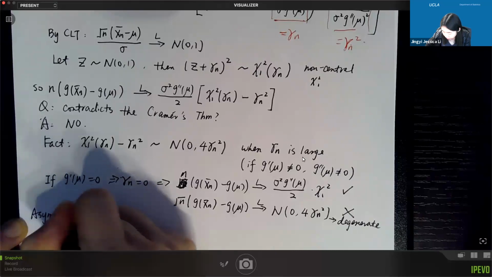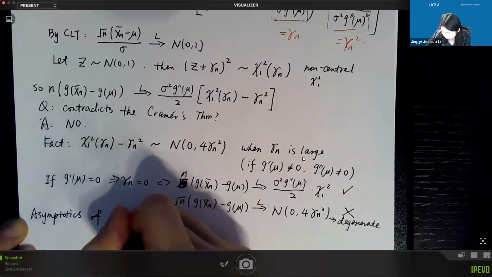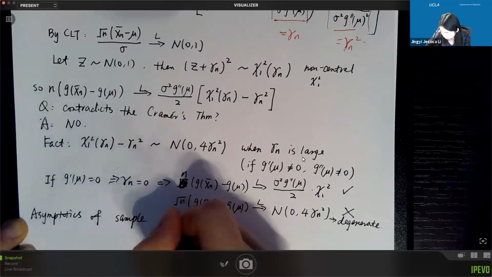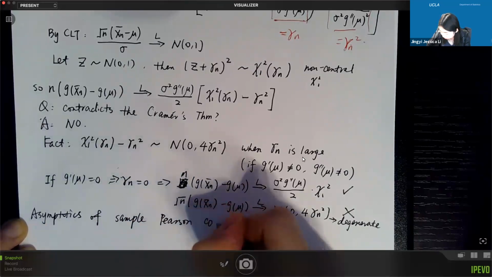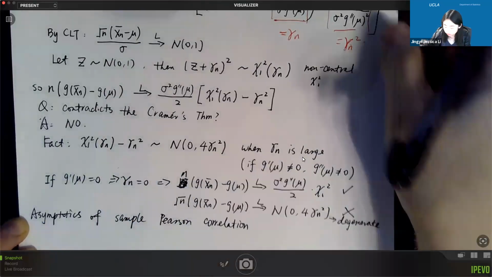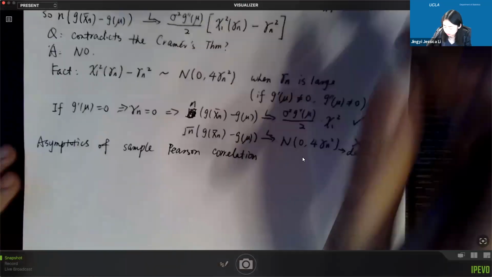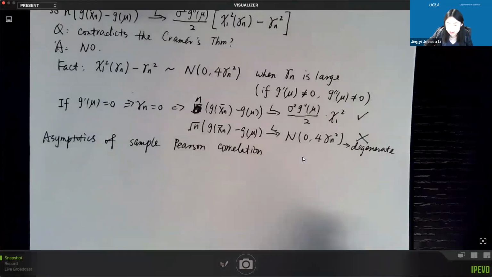Asymptotics of sample Pearson correlation. In many cases, if it's not specified which correlation it is, it is Pearson correlation. So if people say sample correlation coefficient, they mean the Pearson correlation.